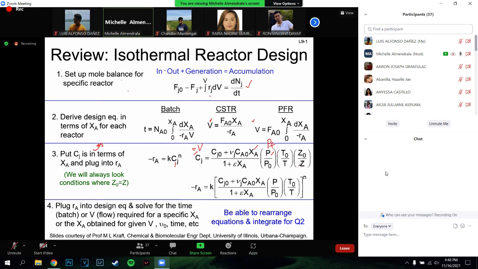But in this case, this is assumed to be equal to 1 for an ideal process.